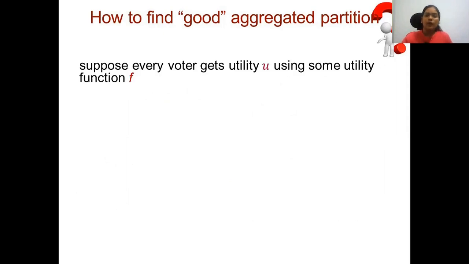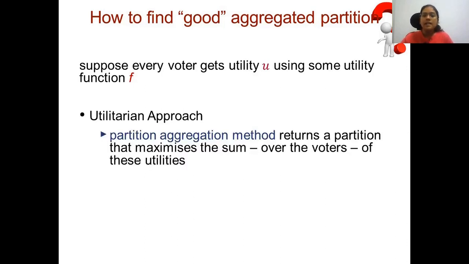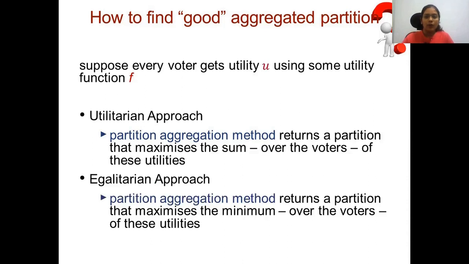Suppose every voter gets utility U using some utility function F. Given this utility function, we use a utilitarian approach where we want to maximize the sum of these utilities. Another approach that we use is the egalitarian approach, where we want to maximize the minimum of these utilities.